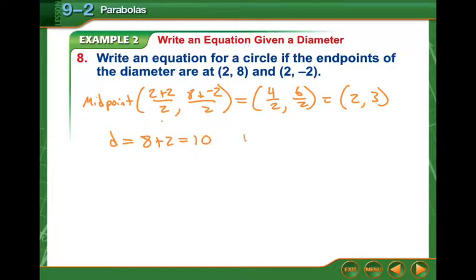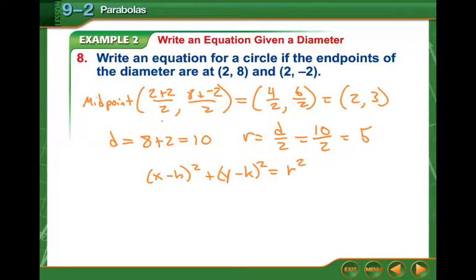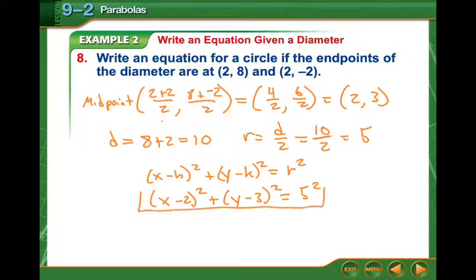So that's 10. Radius is equal to the diameter over 2. So 10 over 2, or 5. So the equation, again, x minus h squared plus y minus k squared equal to r squared. So that's x minus 2 squared plus y minus 3 squared equal to 5 squared. And again, you could square the 5. I'm not going to deal with it though.